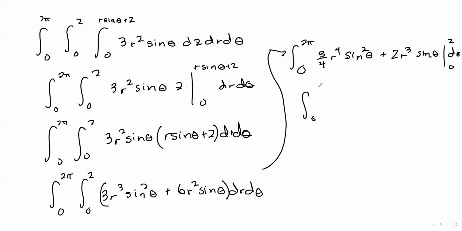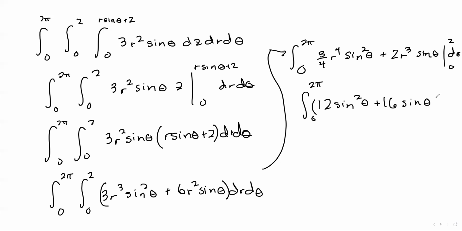And we can go through and plug in. So 2 to the 4th is going to be 16. 16 times 3/4, we're going to get 12 sine squared theta. And then here, this is going to be 8 times 2. It's going to be 16 sine theta d theta.